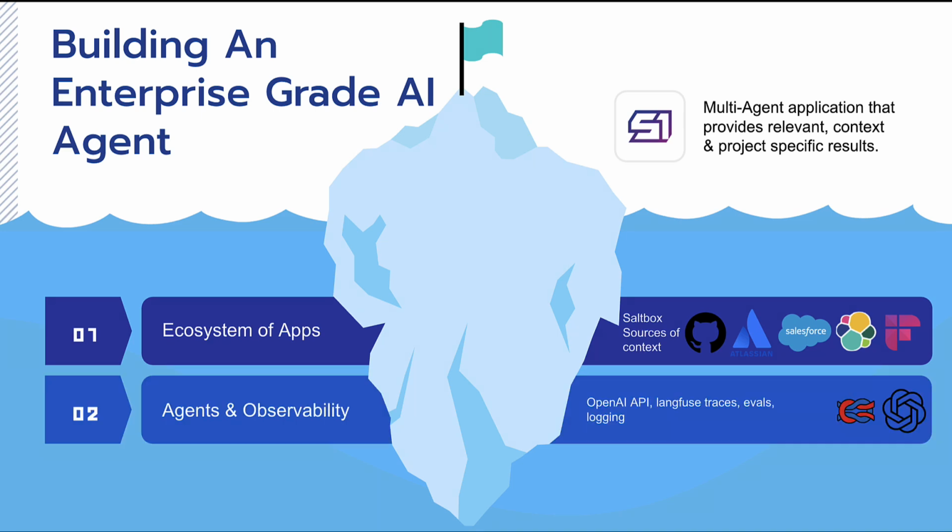We then have our agents and observability. And what this essentially means is we need some LLM, in our case it's OpenAI, in their API to actually provide the responses to the questions or the prompts that the users actually provide in Saltbox One. This is kind of the tip of the tier on this tier right now.